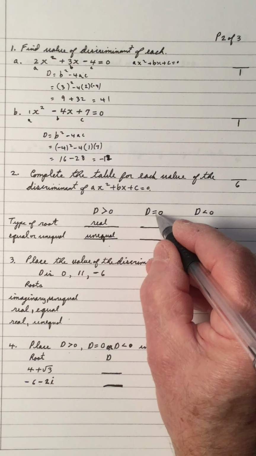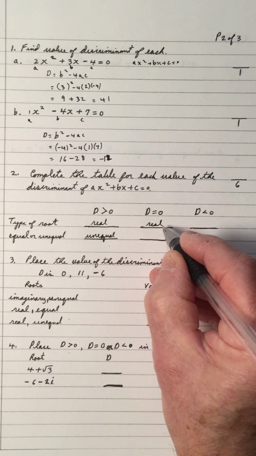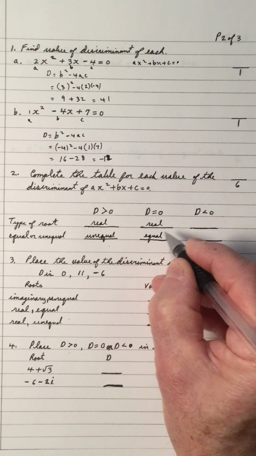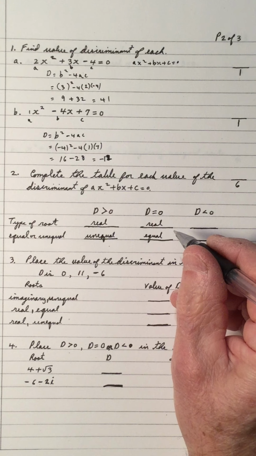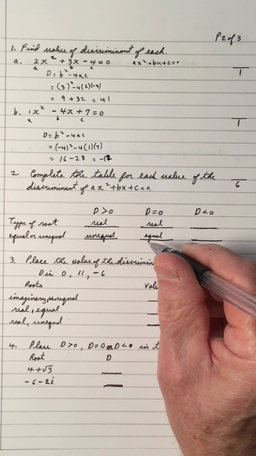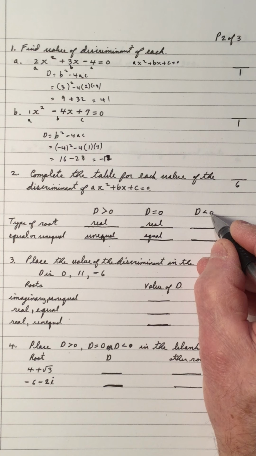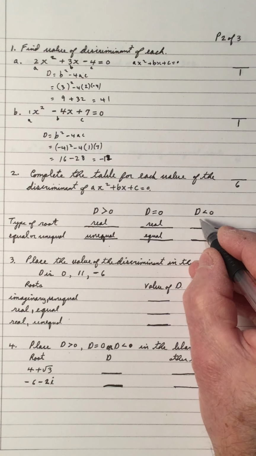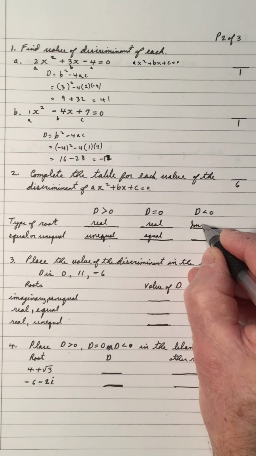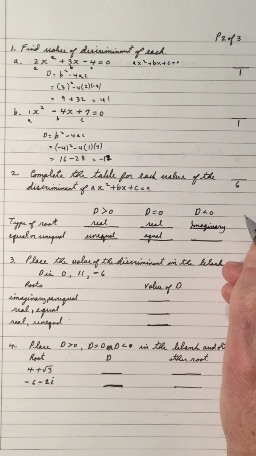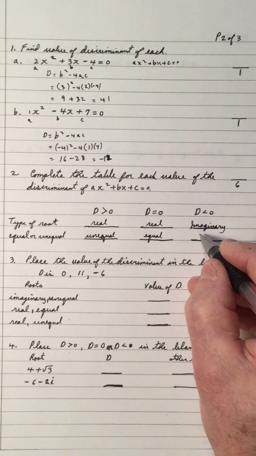If the discriminant is 0, the roots are real, but equal to 0 is equal roots. So one root is 7, the other root is 7. If the root is a half, the other root is a half. And if the value of the discriminant is less than 0, which means it's negative, the square root of a negative number, the roots are imaginary, because you can't do the square root of a negative number. It's an i number. It stands for imaginary.